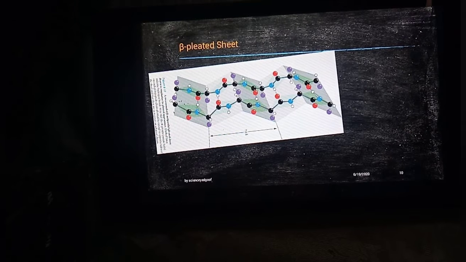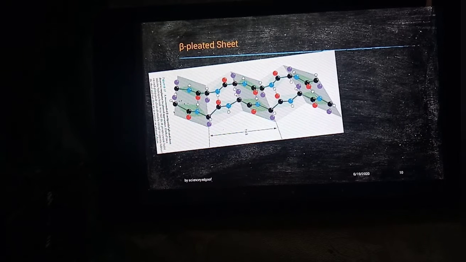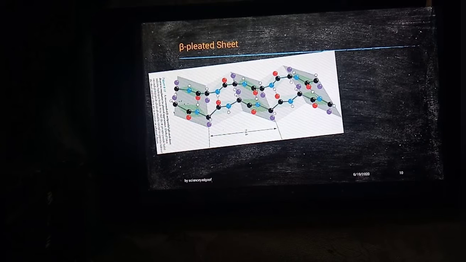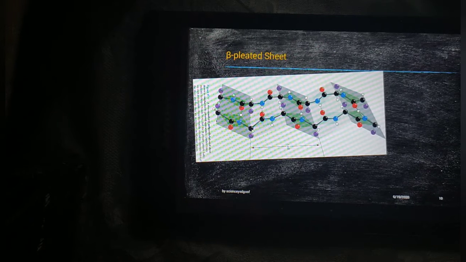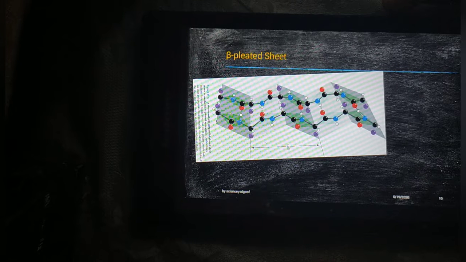So now coming to the next one, which is the beta-pleated sheets. And one more thing is that proline, hydroxyproline and glycine disrupt the helix. These beta-pleated sheets were also described by Pauling and Corey in the year 1951.